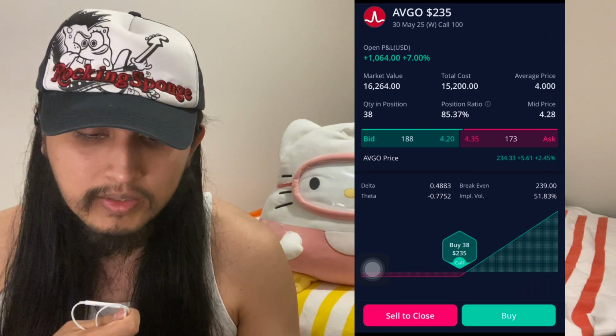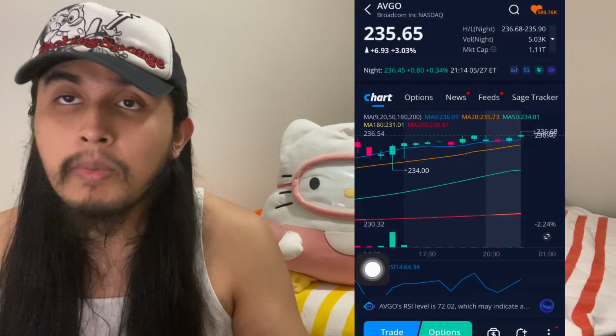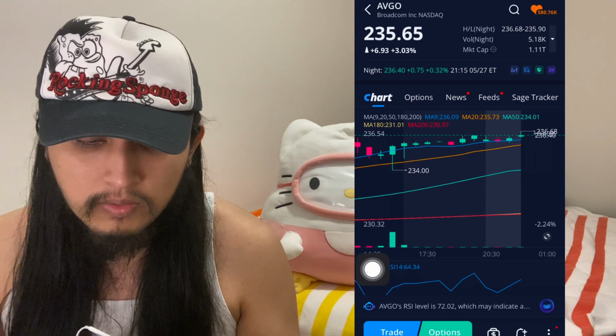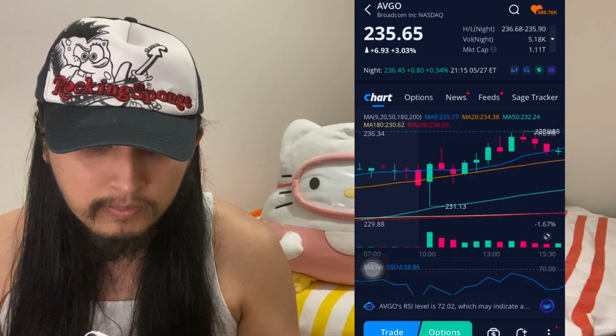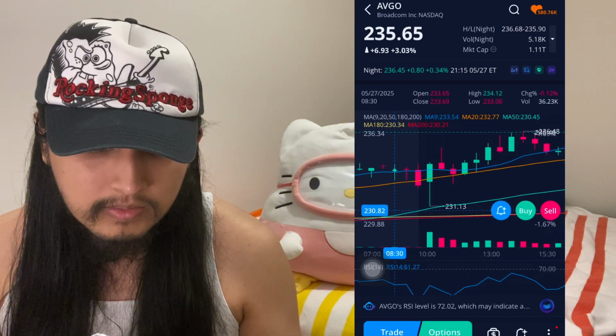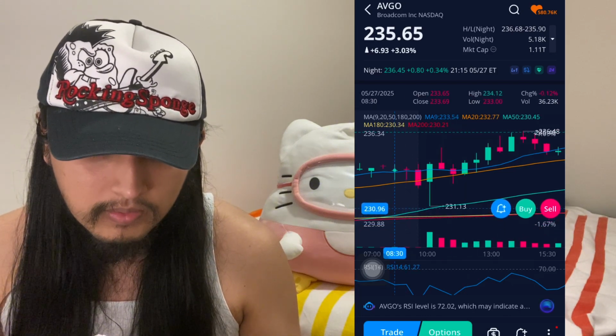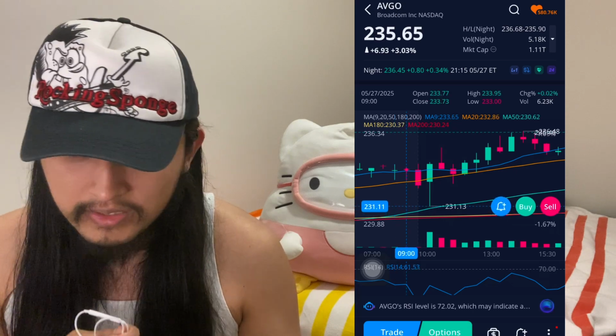So the game plan here was basically to try to buy call options on AVGO, and the reason for that was because you can see that these previous pre-market candles were using the 20-day moving average as support.